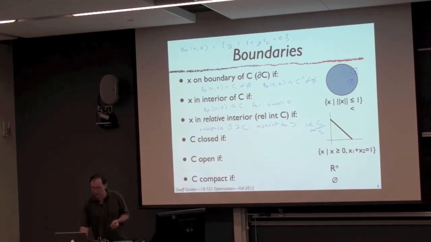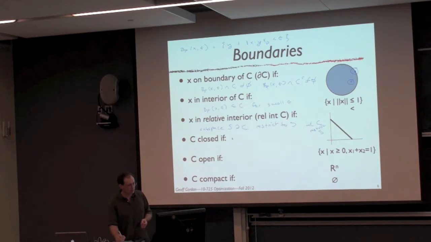So boundary, interior and relative interior are important for being able to define open and closed, right? We're going to say that C is closed if the boundary of C is contained in C, and it's open if the boundary of C intersect C is the empty set, right?